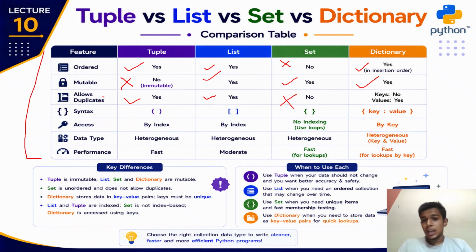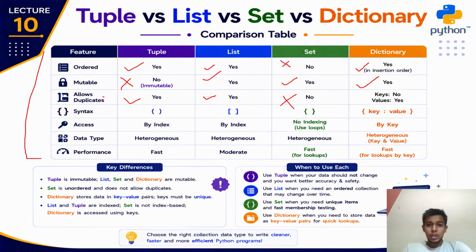Here you can see directly that tuple allows duplicate values, list allows duplicate values, set does not allow duplicate values. But in a dictionary, the keys must be unique, but the values can be duplicated. So, for example, two students may have the same marks, but two students cannot have the same name. Now, coming to the syntax. Each collection has its own syntax.